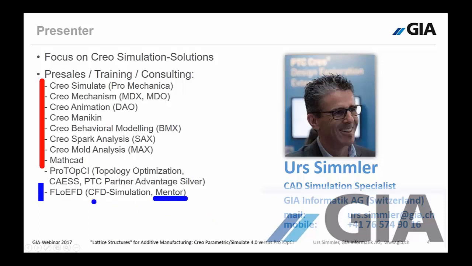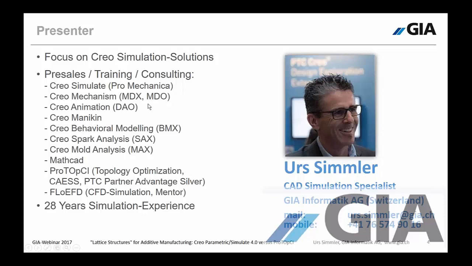That means we can also give you information about a nice tool called FlowFD, integrated CFD simulation in Creo Parametric. And the last tool we are working with at GIA is this topology optimization capability from CAESS, and I will show a little bit of that live later on.